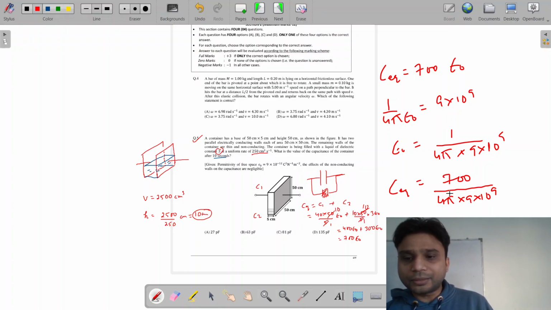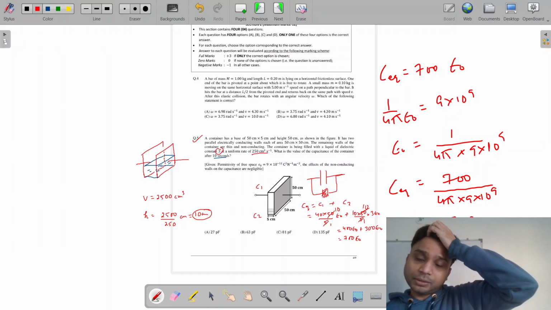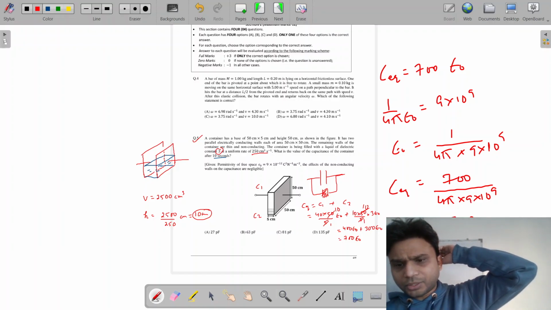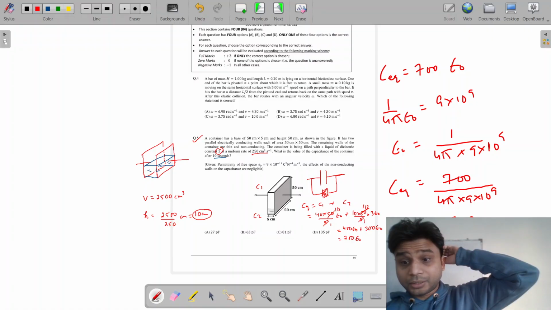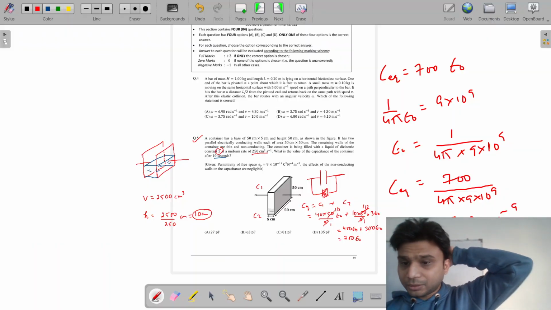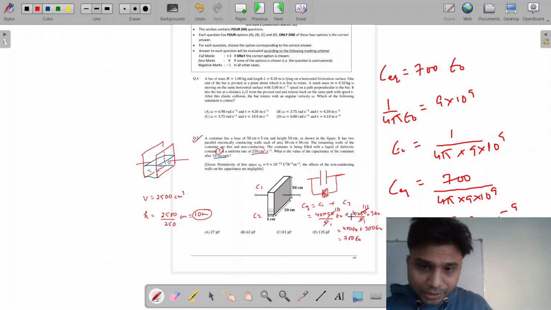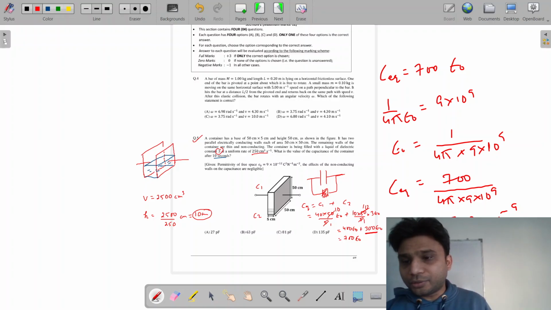So how do we calculate this? This is 700 upon 36 pi into 10 to the power minus 9. And there is 1 centimeter quantity as well, right? Because in this unit we have 1 centimeter in the numerator, so we'll multiply by 10 to the power minus 2 as well.